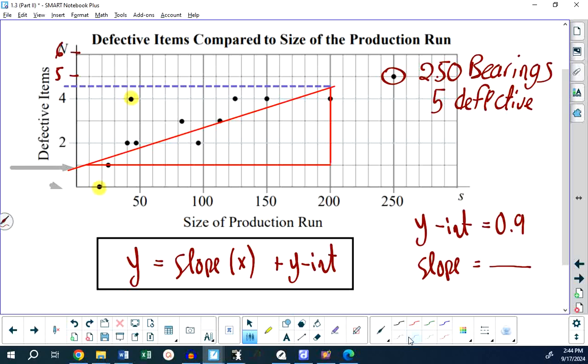So that is at y equals 4.5, and down here it's at 1. The rise is 4.5 minus 1, which is 3.5. My run is from, I'll say 10 to 200, which is 190. So I'm going to have 3.5 over 190.